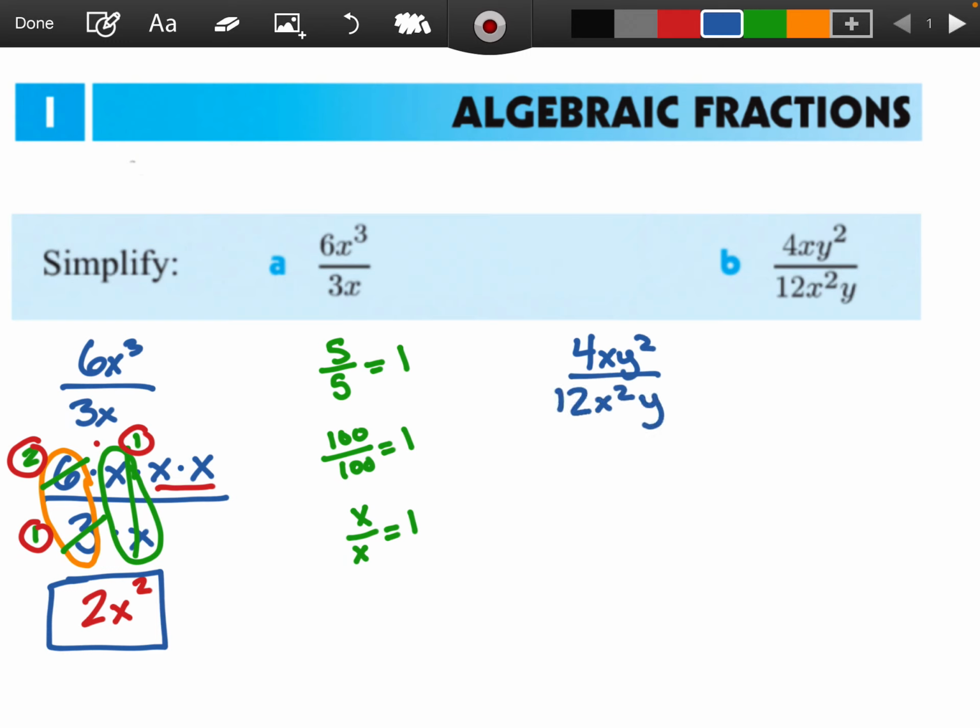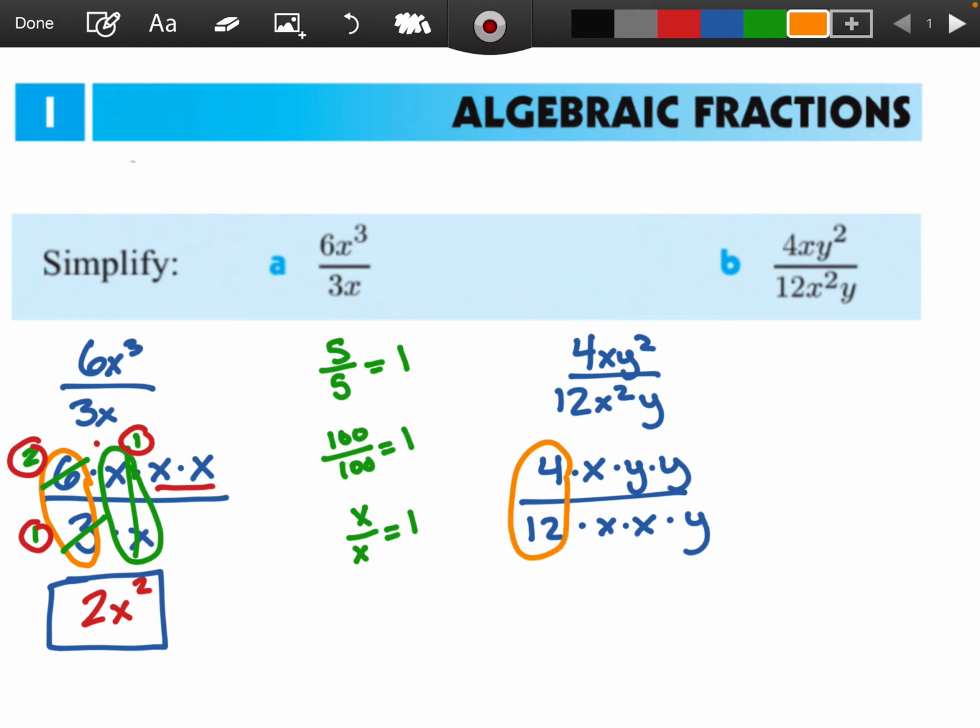Then I look to simplify. I'm going to start by simplifying my numbers. I cannot do 4 divided by 12, but I can reduce that fraction because I know that both 4 and 12 have a common factor of 4. So if I divide 4 by 4, that leaves me with 1. If I divide 12 by 4, that leaves me with 3.